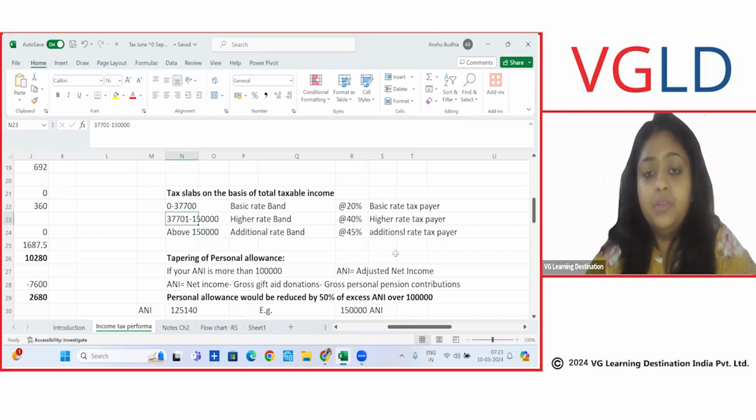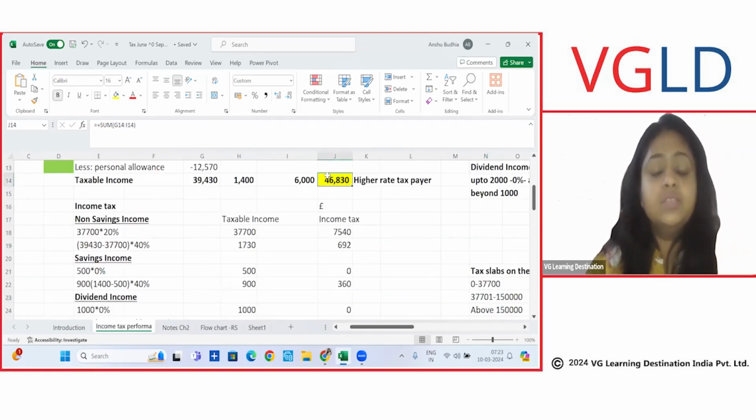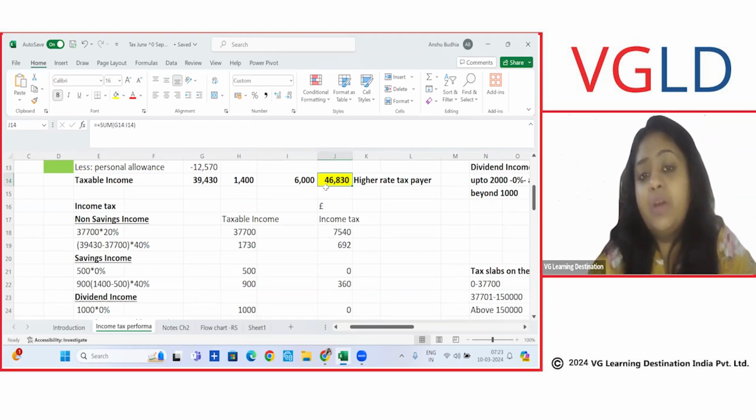So then the taxpayer would be called an additional rate taxpayer. If you observe in this question, as we were covering yesterday, his taxable income is between 37,700 and 150,000. So therefore, the maximum tax rate applicable to him would be 40%. So we call him a higher rate taxpayer.